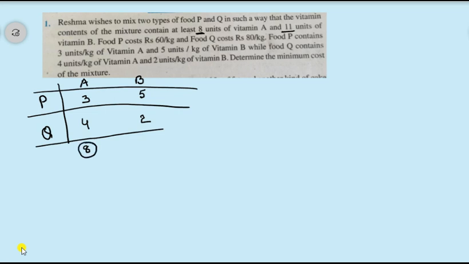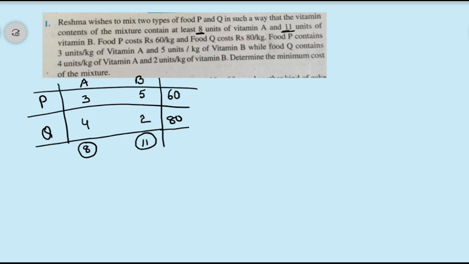Vitamin B minimum requirement is 11 units. And food P cost is 60 rupees per kg. Food Q cost is 80 rupees per kg. That is the information.